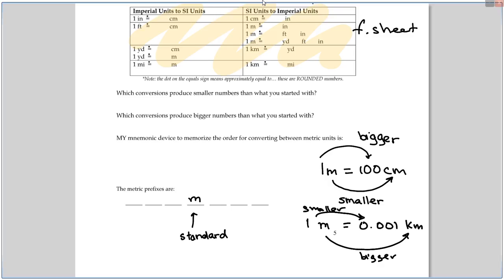Okay? And every jump counts as a factor of 10. So decimeter, you times by 10. Centimeter, you times by 10. Millimeter, you times by 10.